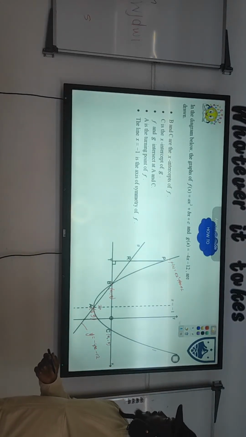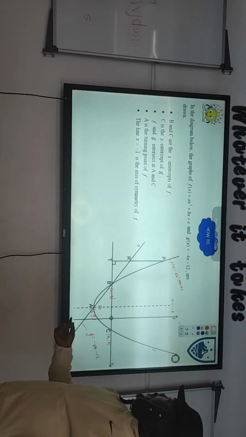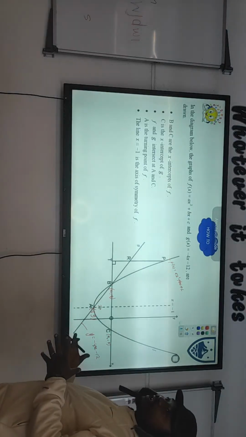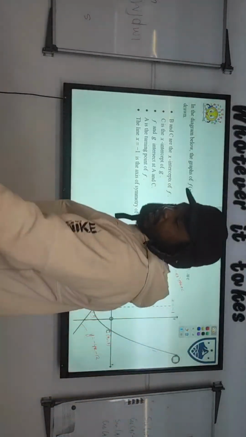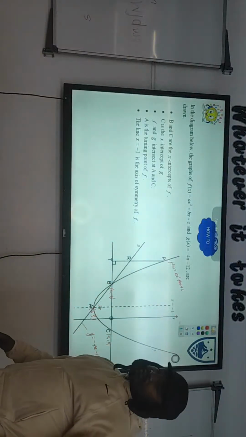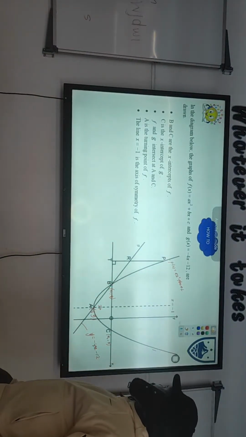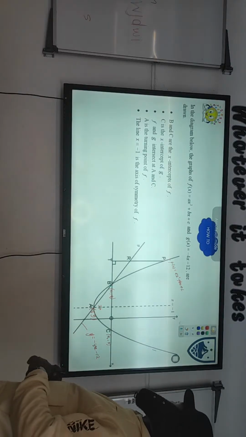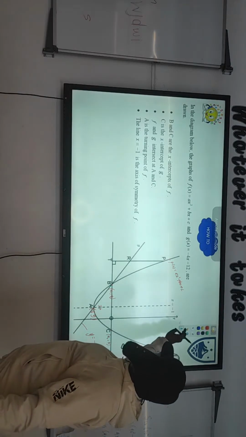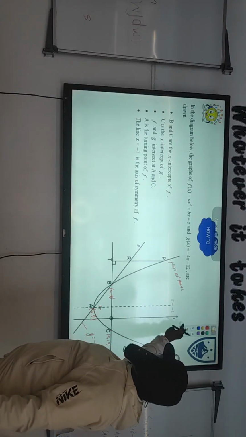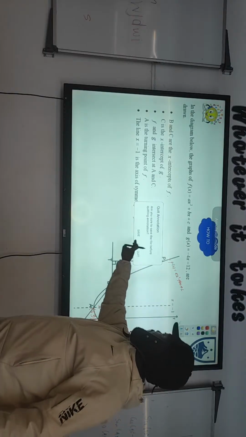But let us now go to the questions. This will help you activate your brain to start planning how to solve this problem. Let's look at the first problem. So we have these values. Let me just remove this.